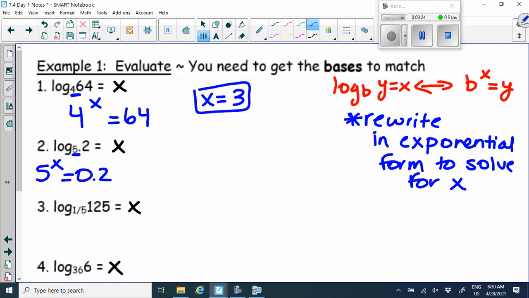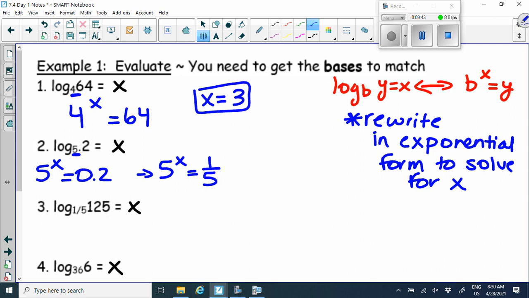Now this is kind of hard to figure out, right? Well, let's change that 0.2 into a fraction. What would the fraction be? Well, we would have 5 to the x equals 1/5. Now here's the thing, and this is using our exponent rules, which we did in our last unit, so let's make sure we remember those.